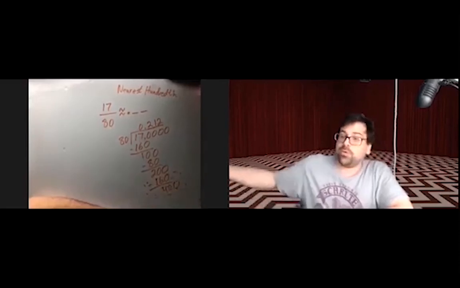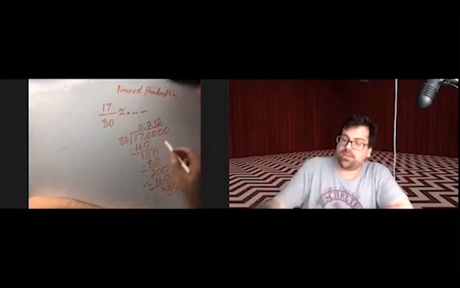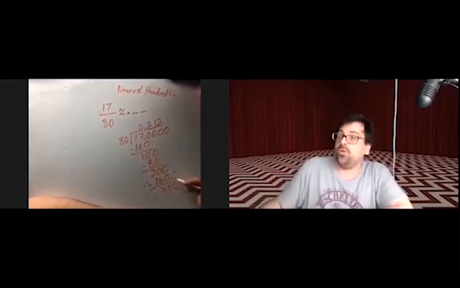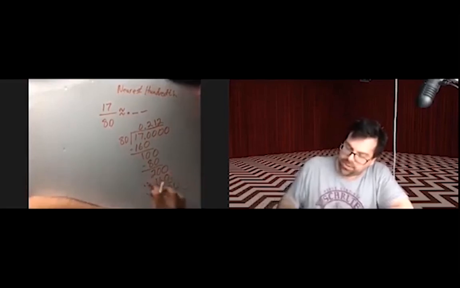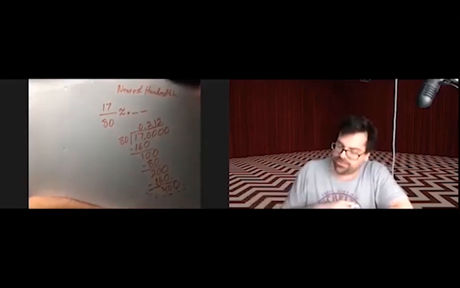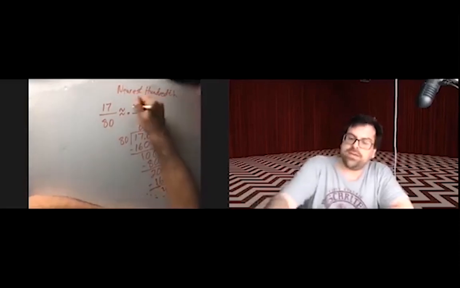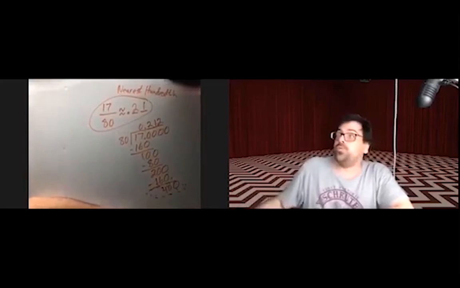It's true if we wanted to keep going and get more digits, but all we needed to know is that it went in twice. We just needed to know that 160 was the highest. We didn't need this actual 40. We didn't need to bring down another 0. So since this doesn't round up, nearest hundredth, 0.21.